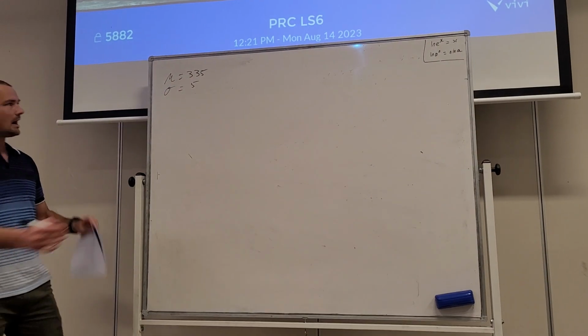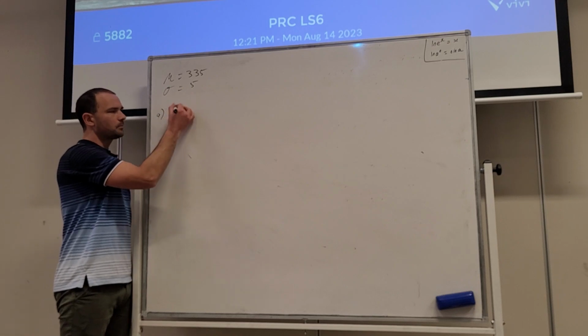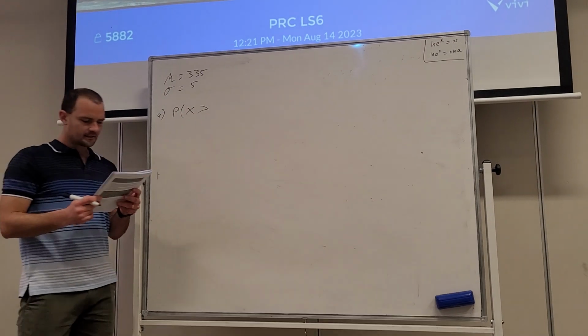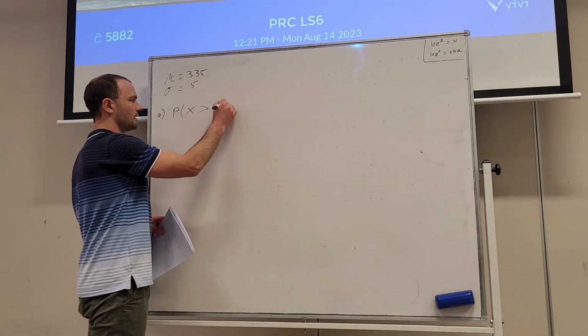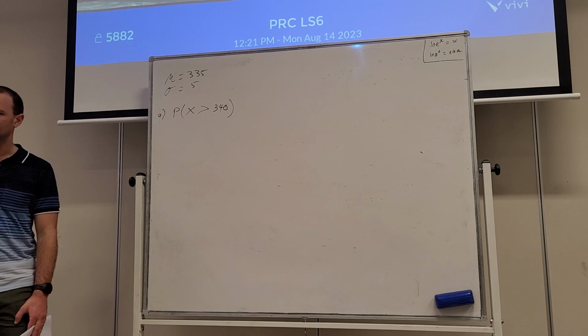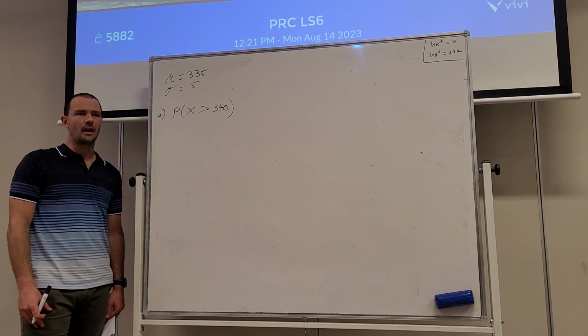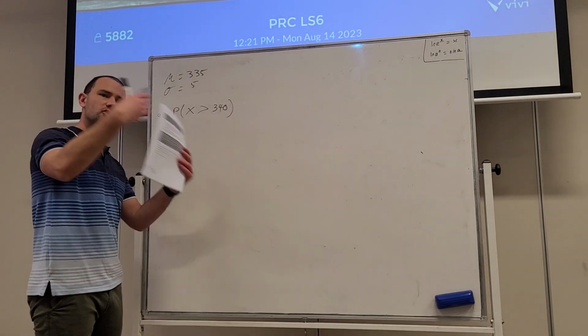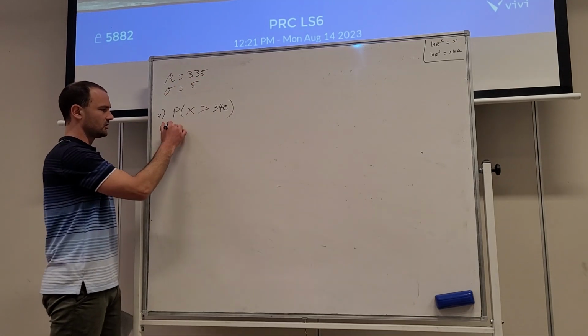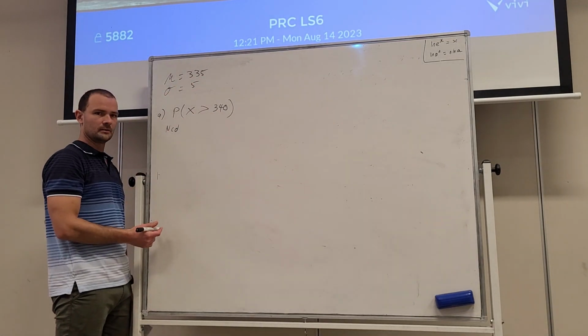Okay. Part A says, find the probability of x, the distribution of x being larger than 340. Okay, what's the distribution of x? This is a randomly selected bottle of Carlton Dry, having a volume larger than 340. Well, we've got the mean, we've got the standard deviation. This is just an NCD calculation.